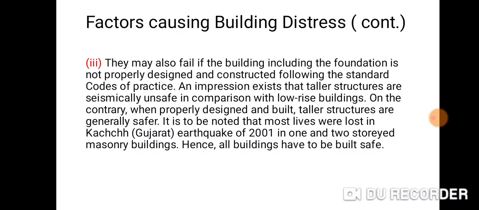On the contrary, when properly designed and built, taller structures are generally safer. It is to be noted that most lives were lost in the Kutch, Gujarat earthquake of 2001 in one and two story masonry buildings. Hence, all buildings have to be built safe.